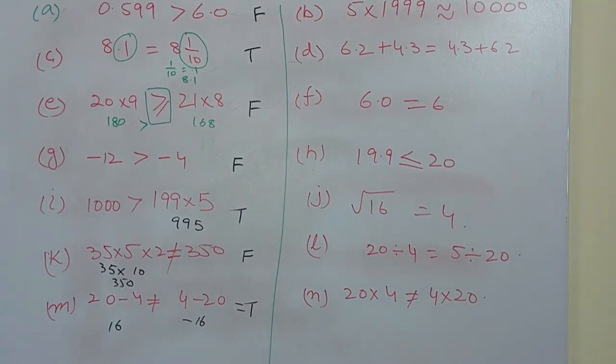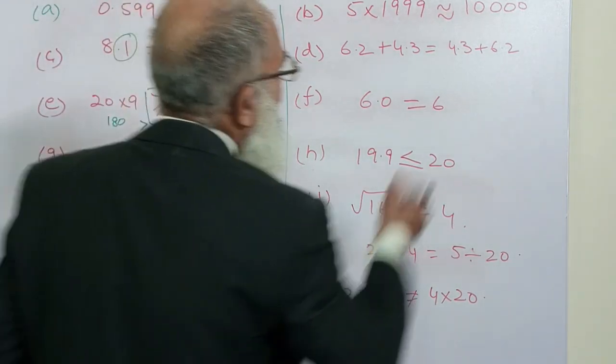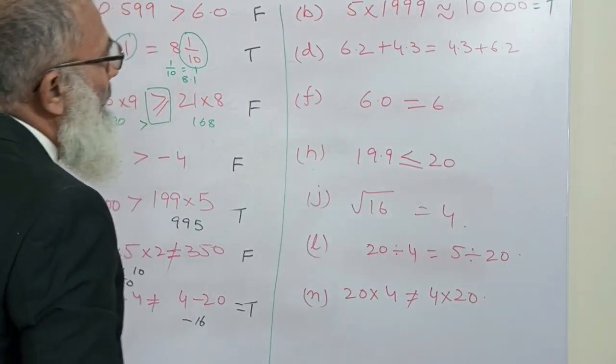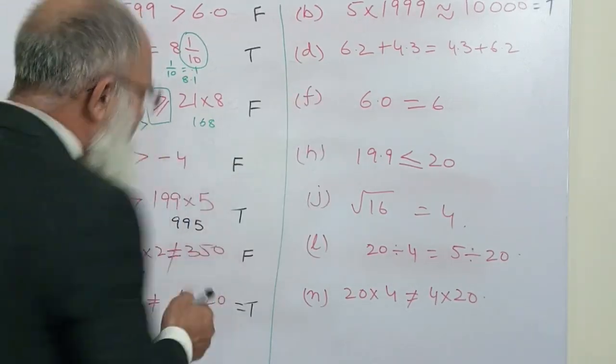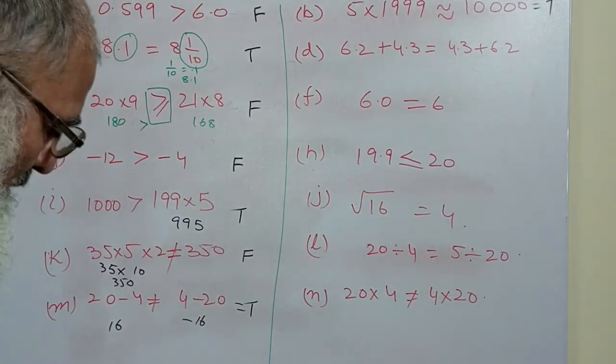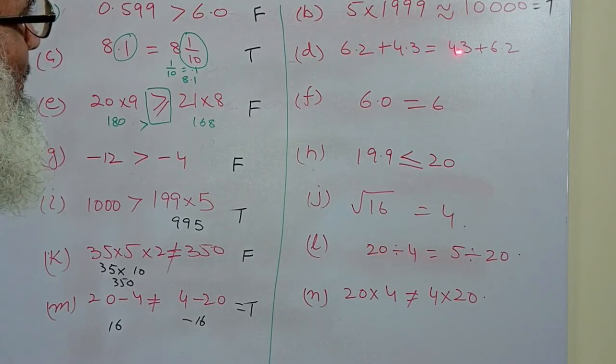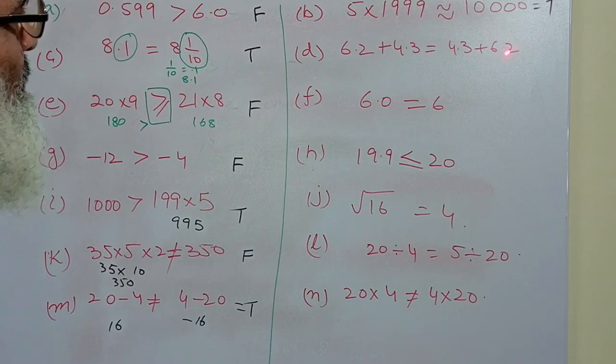So my students, the next column B says 5 multiplied by 1999 is almost equal to 10,000. Okay, this may be true. 6.2 plus 4.3 is equal to 4.3 plus 6.2.